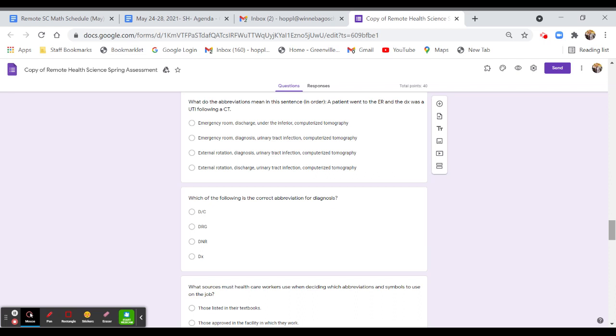Is it emergency room, discharge, under the inferior, computerized tomography, emergency room, diagnosis, urinary tract infection, computerized tomography, external rotation, diagnosis, urinary tract infection, computerized tomography, or external rotation, discharge, urinary tract infection, or computerized tomography?